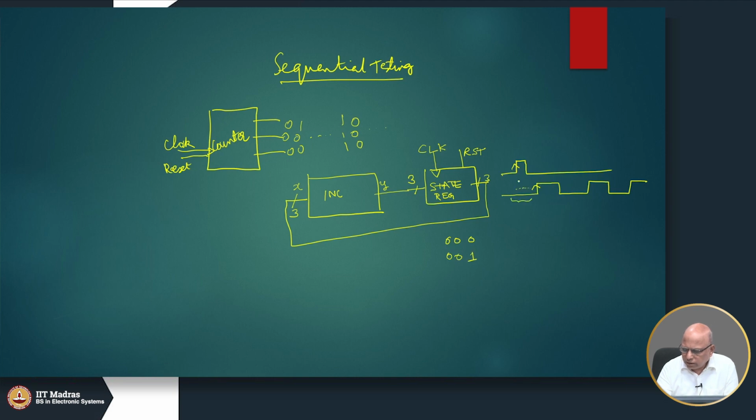So, there is some time for the incrementer to go ahead and increment. Then similarly, from here to here the incrementer has time for taking 0 0 1 to 0 1 0. So, when this clock pulse comes in, it loads the new state and so on.